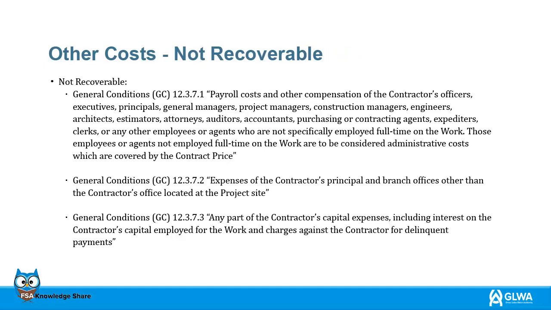The following slides will refer to specific sections of the contract which pertain to other costs, not recoverable. General Conditions 12.3.7.1 Payroll costs and other compensation of the contractor's officers, executives, principals, general managers, project managers, construction managers, engineers, architects, estimators, attorneys, auditors, accountants, purchasing or contracting agents, expediters, clerks, or any other employees or agents who are not specifically employed full-time on the work.